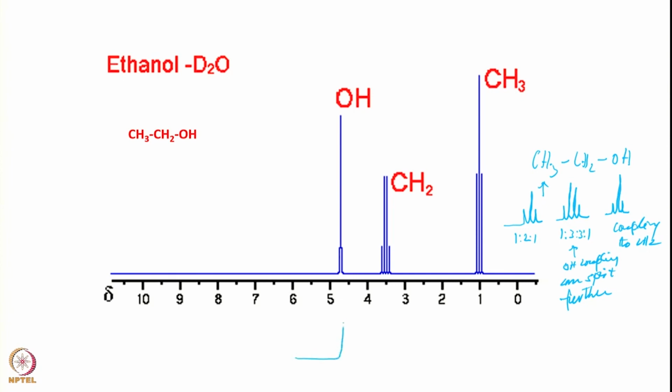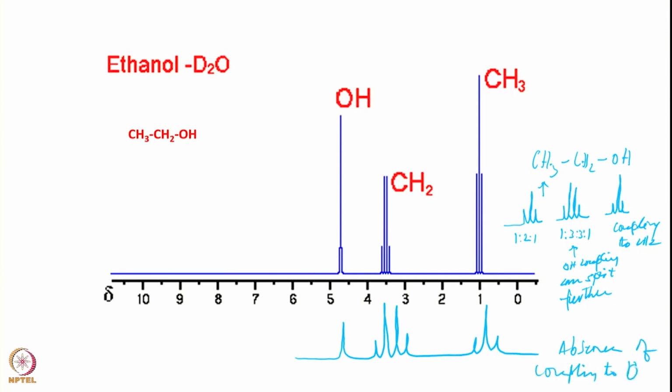When you do not see the coupling, it will be a single line here, and this will be the situation in the absence of coupling to OH. Okay. So that is how the spectrum will look.